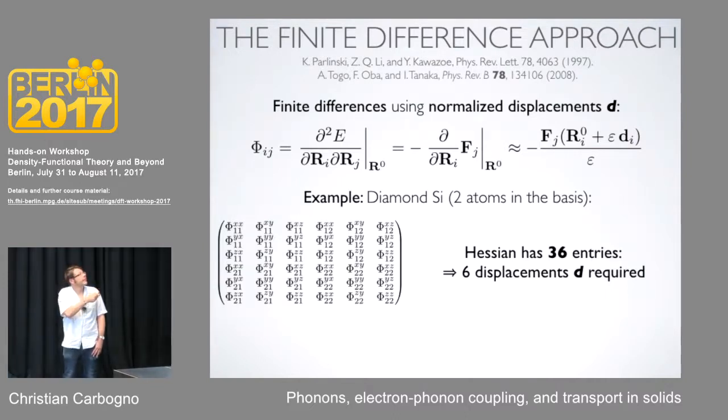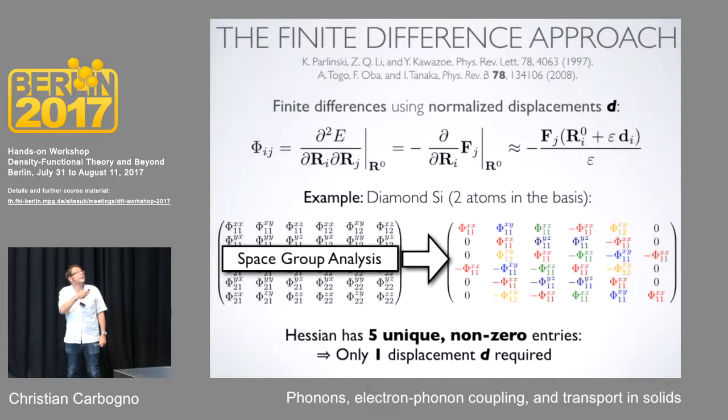So trivially, this would give you a lot of different calculations because you have to displace each atom at least once. But in this example, for instance, you use symmetry to not calculate everything, but you look at which elements should be equal for symmetry reasons. This reduces the problem from 36 different constants that have to be computed to only 5, and for that it is sufficient to just displace one atom.